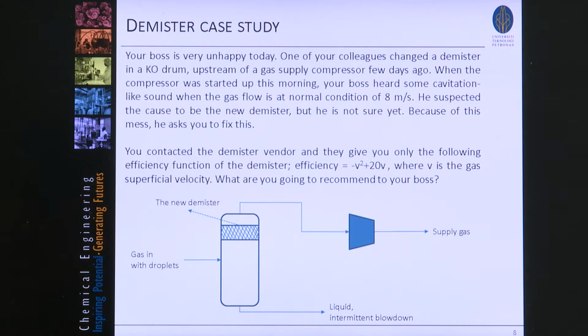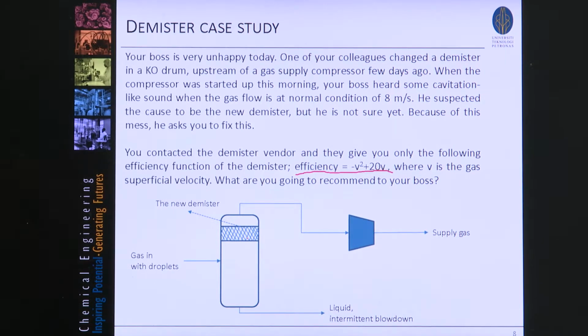One of your colleagues changed the demister, and the new demister has this efficiency function. With the same flow rate, they have different performance. So you can now recommend to your boss the correct new velocity with this new demister.